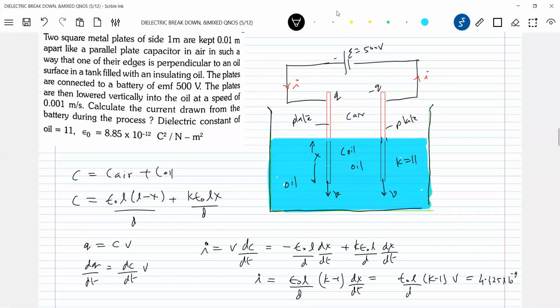L is given, no? 1 meter. Look at the current, nanoampere, no? If you increase speed, even if you make it say 10 meter per second, at the most it may increase by that order. So definitely the current we get is of very small order.